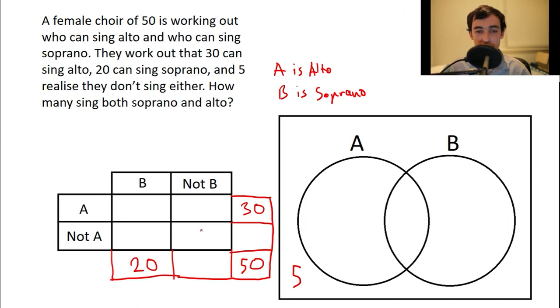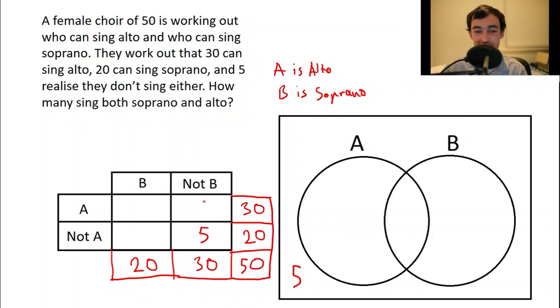And we've also got the 5 in here. So if these two numbers add up to 50, then I can write a 20 in here. Right? Because 20 is the only number that adds up with 30 to get 50. And so I can also think, well, 20 plus something is 50. There must be a 30 in here.